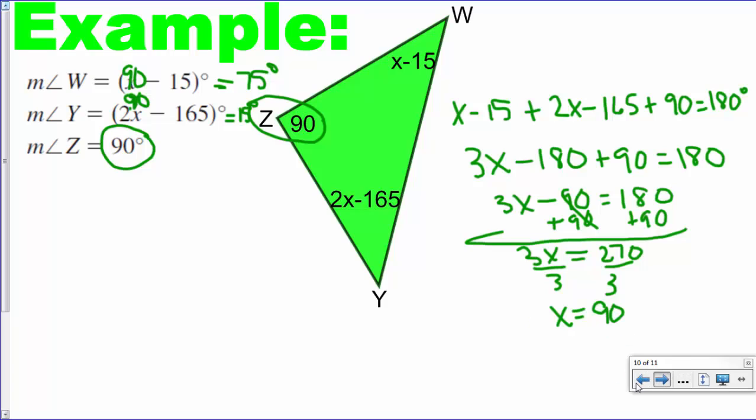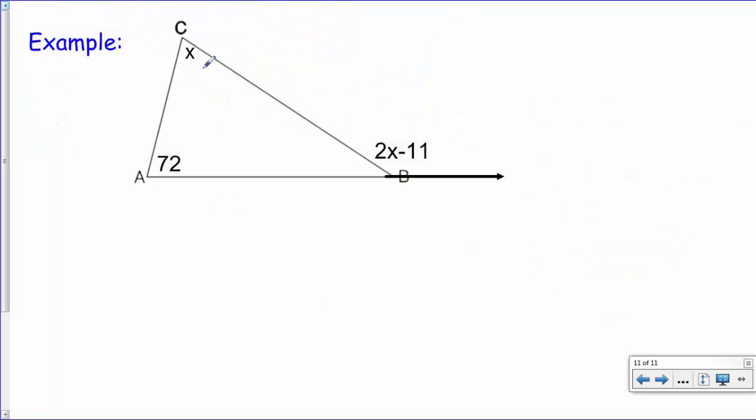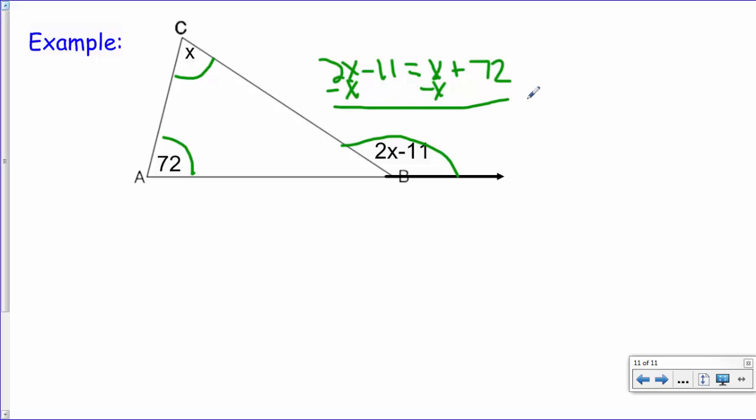Go to the next example. This time we have two remote interior angles and an exterior angle. We know that the exterior angle, 2x minus 11, equals the sum of the two remote interior or non-adjacent angles, so x plus 72. Bring the x's to the left, so x minus 11 equals 72.